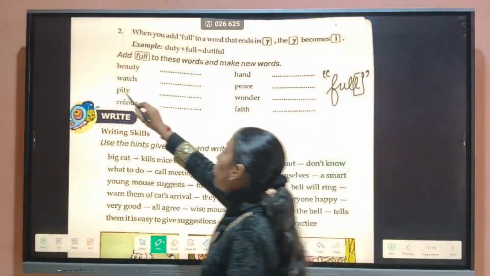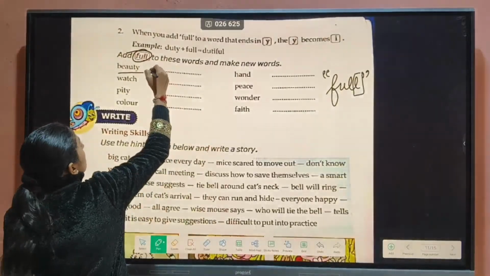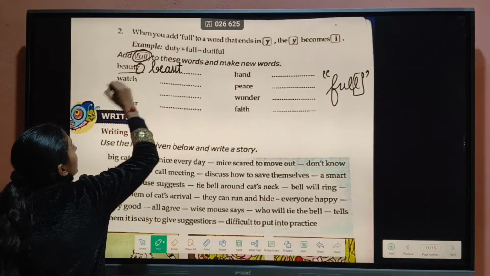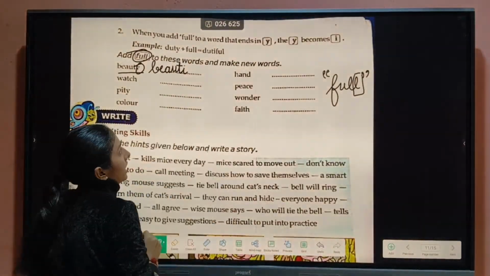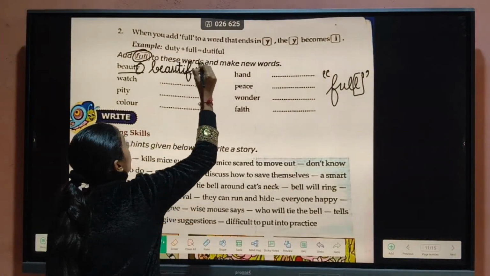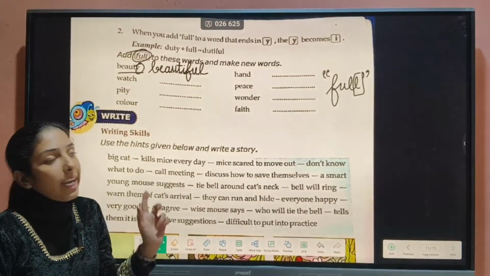Like beauty is there. If I add full, then what will be the spelling? B-E-A-U-T-I-F-U-L. Wherever Y is there, that Y we will replace with I. Okay, beautiful, F-U-L. In beautiful, only a single L will come. We will not write double L.